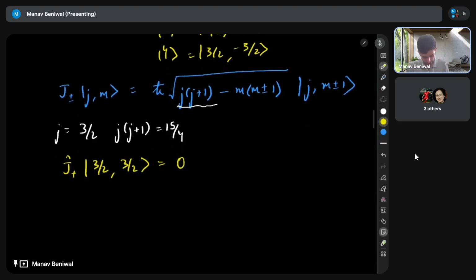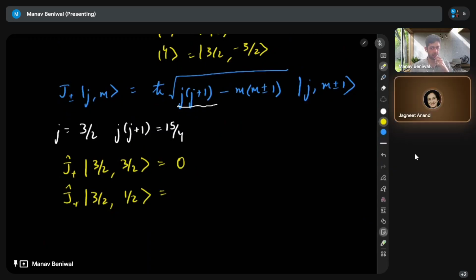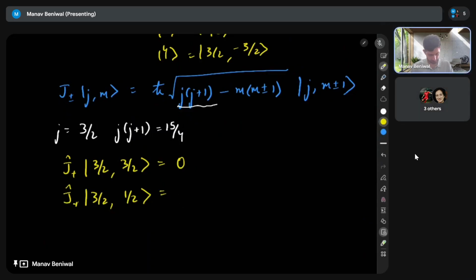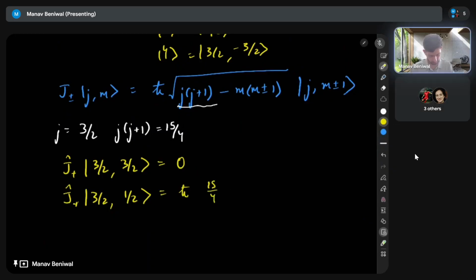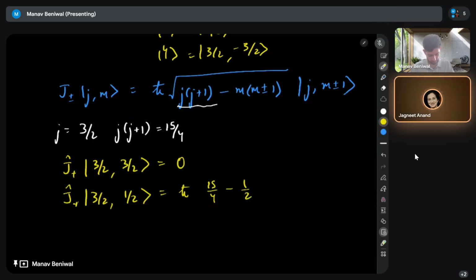Let's go to our second state, which was 3 by 2 comma 1 by 2. What will this give us? The state will be 3 by 2, comma 3 by 2, and a prefactor. Inside should be 15 by 4 minus 1 by 2 into 3 by 2, correct?